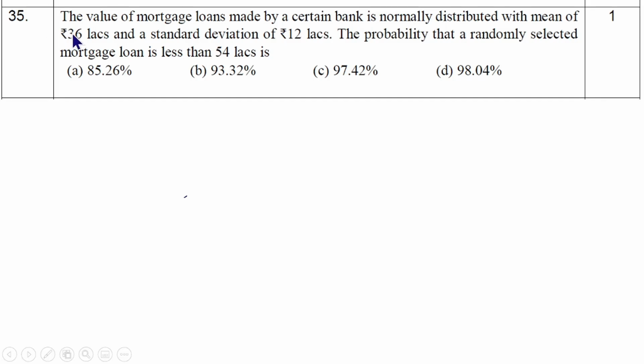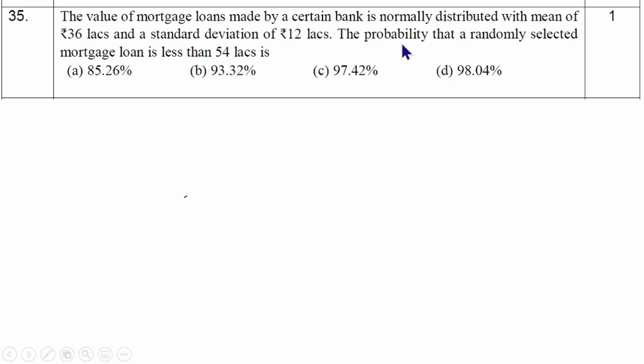The next question. The value of mortgage loans by a certain bank is normally distributed with mean of rupees 36 lakhs and a standard deviation of rupees 12 lakhs. The probability that a randomly selected mortgage loan is less than 54 lakhs is. So here it is given, the value of mortgage loans by some bank is normally distributed with mean 36 lakhs and standard deviation 12 lakhs.